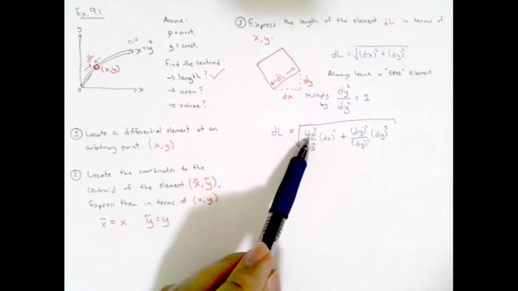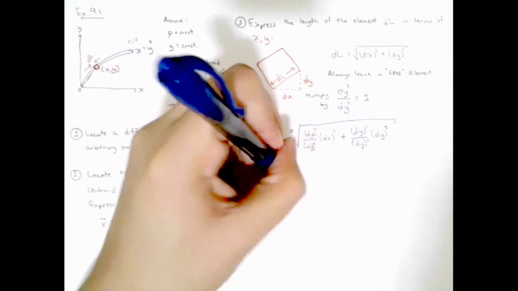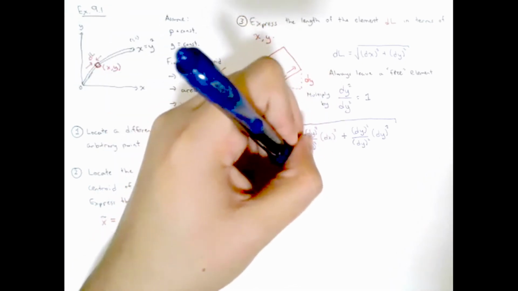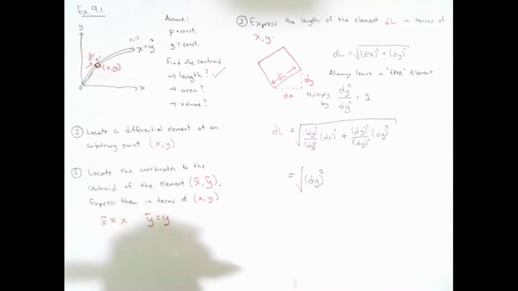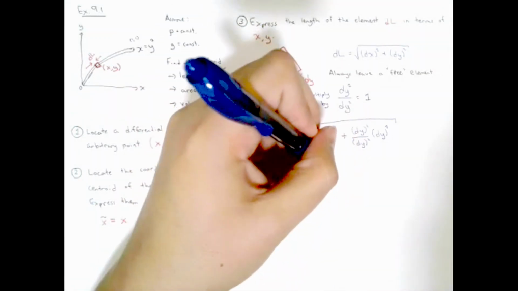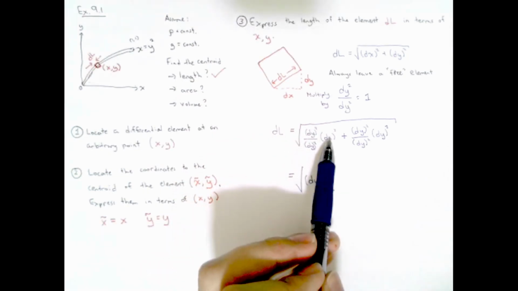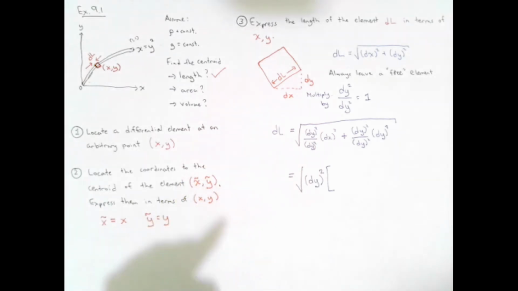Notice that I have a dy, I can factor them out. So I can say that dl will be equal to the square root of dy squared, which I'm factoring out of this entire expression. So this will be multiplied. And if I factor out dy squared, I'm left with dx squared over dy squared, right?